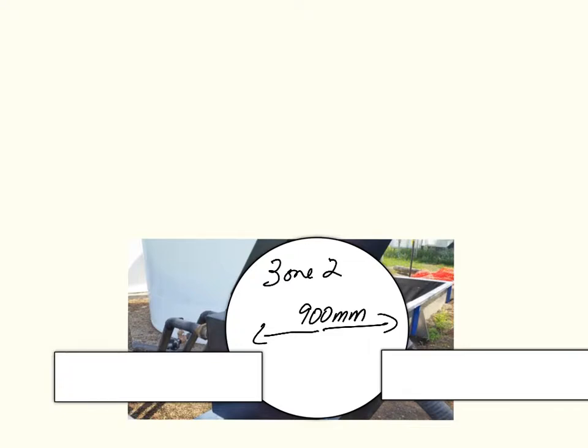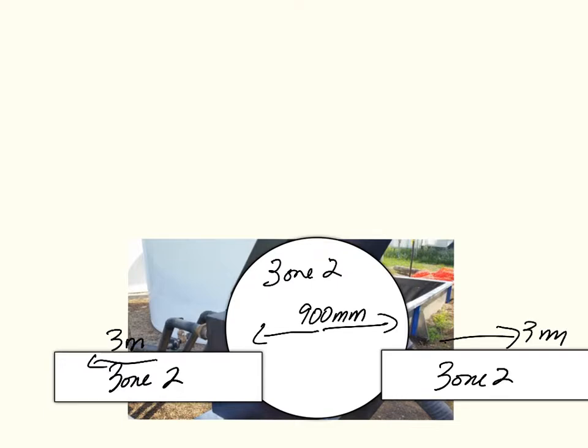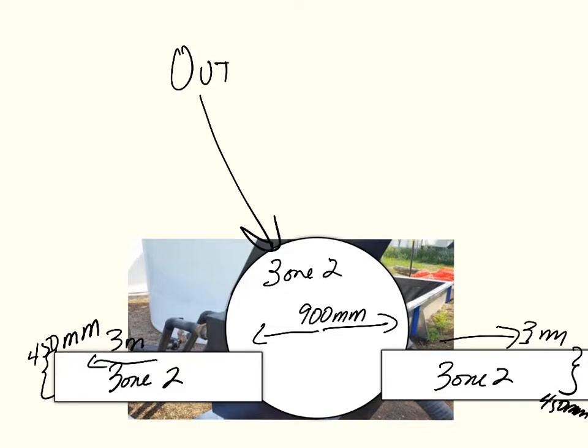So 900 mil in either direction is a zone 2 in a sphere-like fashion, and then down here as well we have a zone 2 on either side, and that of course extends out 3 meters either way and upwards of 450 mil above grade. And that's considered a zone 2, and that is for outside, where of course we have adequate ventilation.